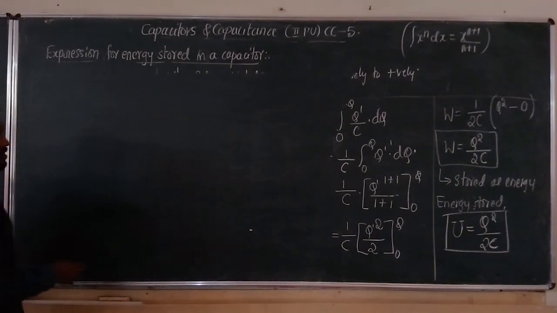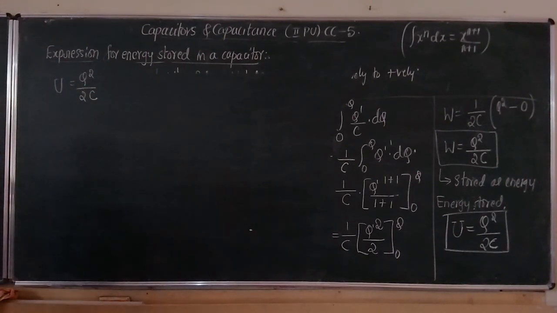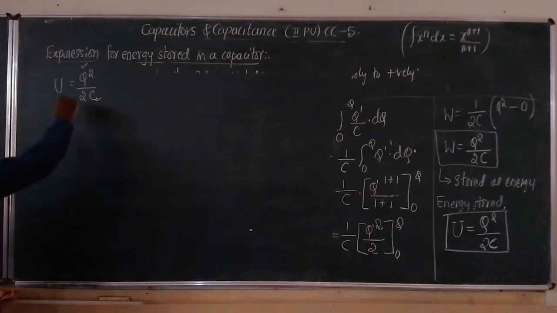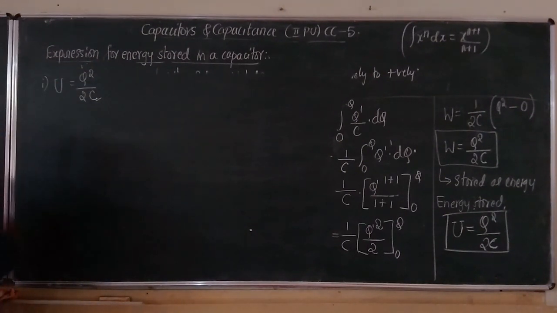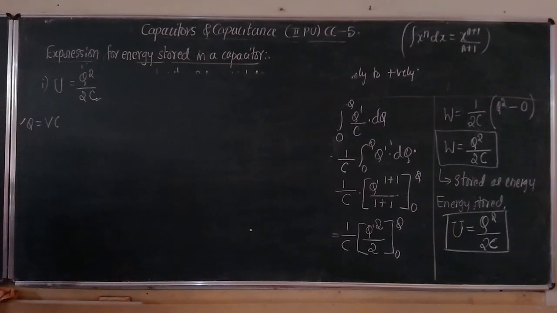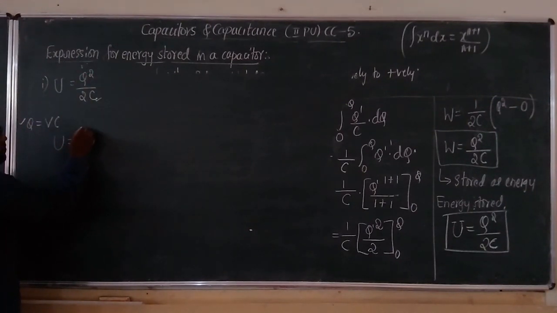So let us consider the last point, that is the expression U is equal to Q square divided by 2C, the expression for energy stored in a capacitor in terms of charge and capacitance. That is one equation. Here, if you put Q is equal to V into C, we know this expression, you will get U is equal to V square C square divided by 2C.